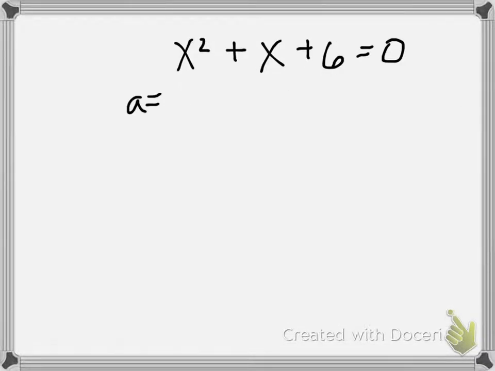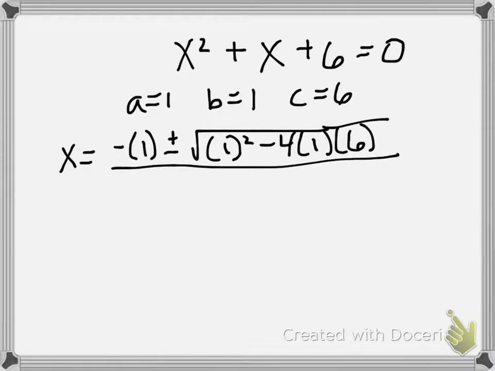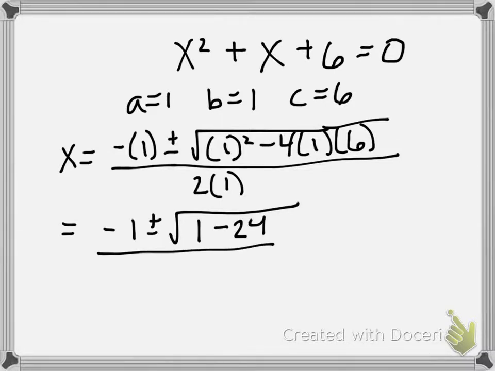In this example, A is 1, B is 1, and C is 6. So we plug it into the formula: -B plus or minus the square root of B squared minus 4 times A times C, all over 2 times A. So we have -1 plus or minus the square root of 1 minus 24, all over 2.